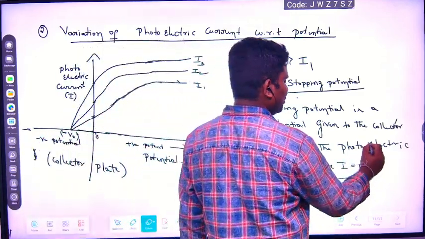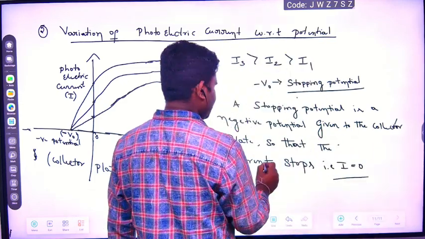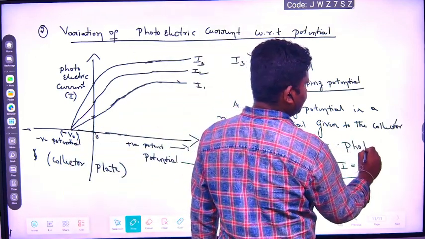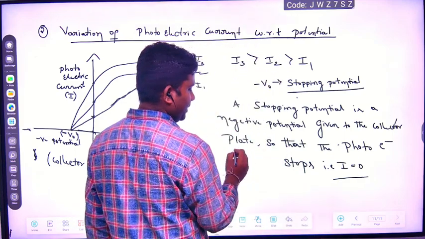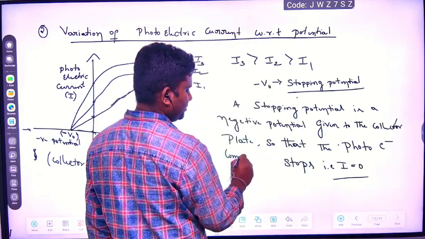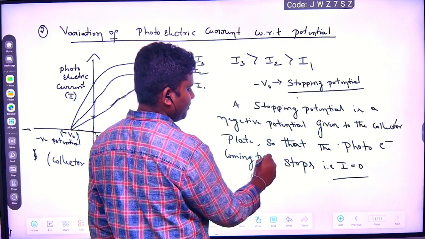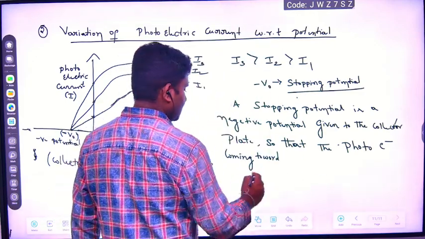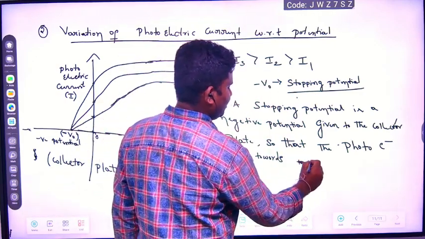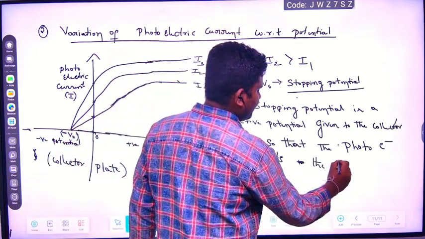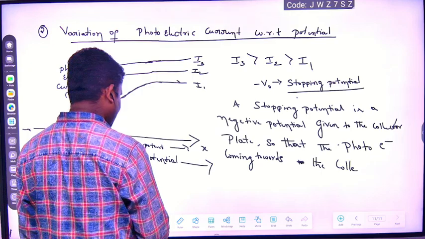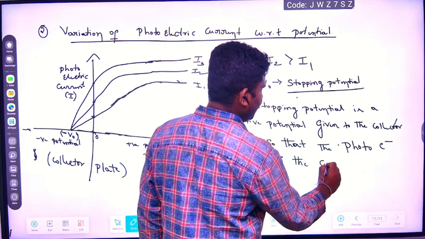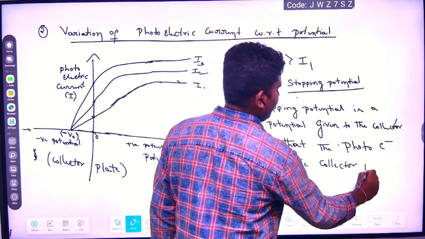Okay, so that the photoelectrons coming towards the collector plate, what happens? Stops. Photoelectrons coming towards the collector plate stop.